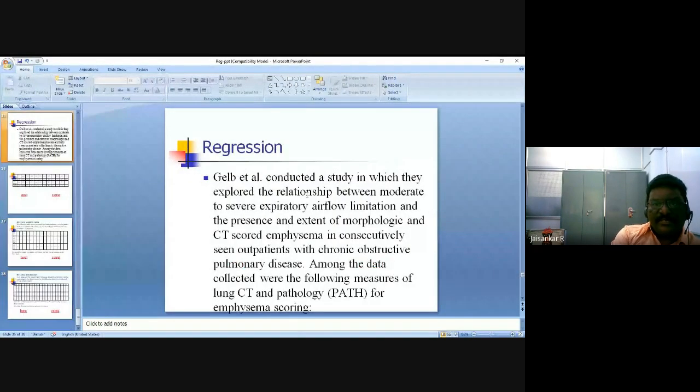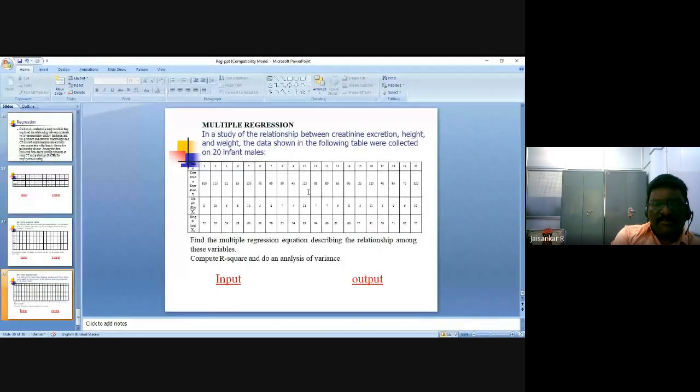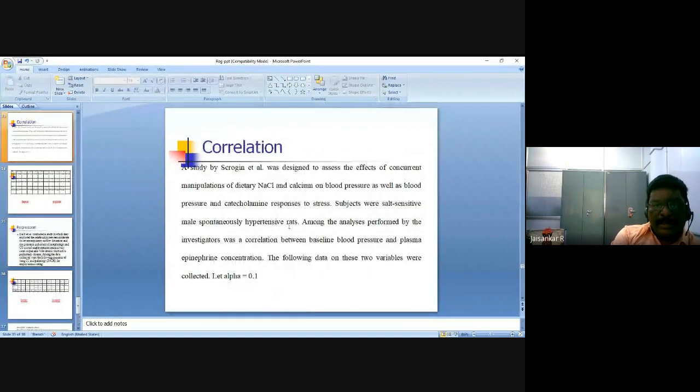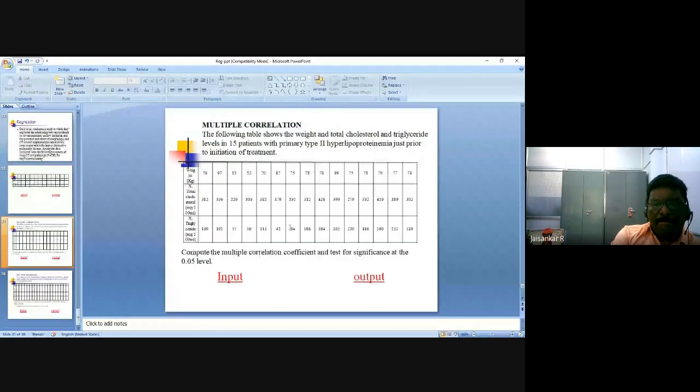I have given some problems which could be done using other software like Minitab and SPSS.